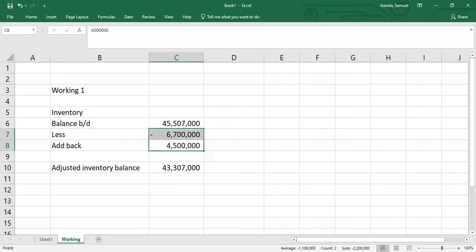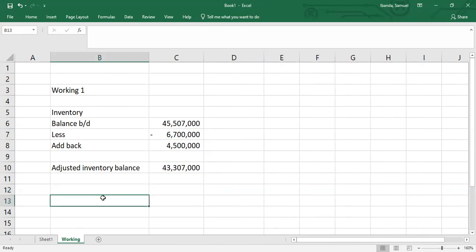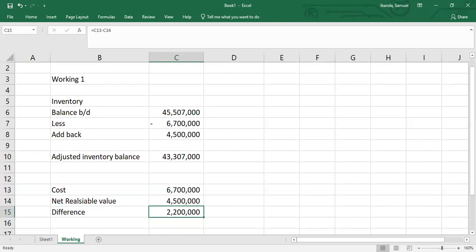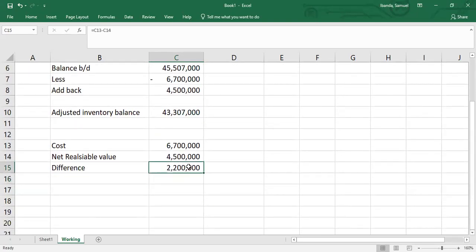Like I said, I can find ways of doing this much better. Since they have told me that the inventory cost is 6.7 and the net realizable value is 4.5, what I'll do is get the difference, which is this minus this, and it is this that I adjust onto my inventory, by lessing this 2.2.